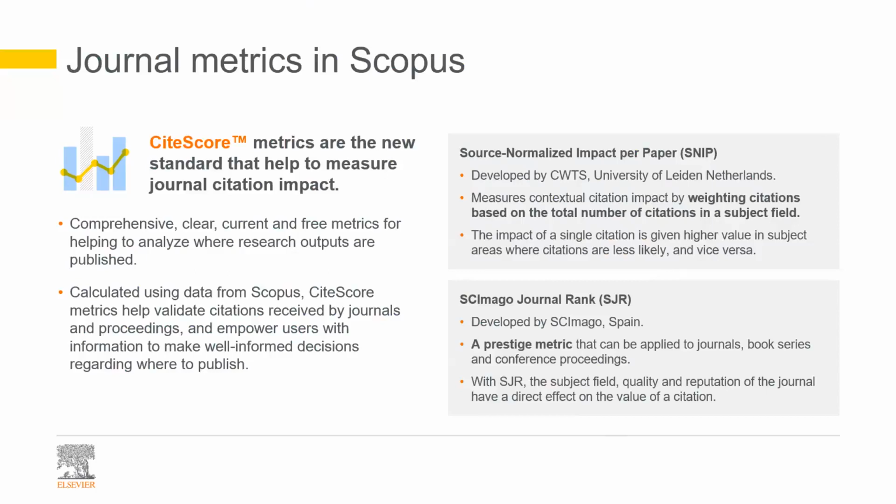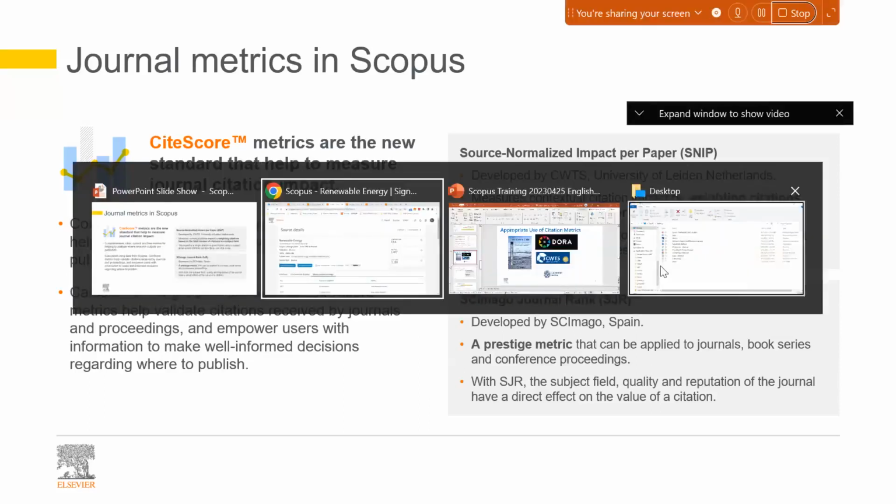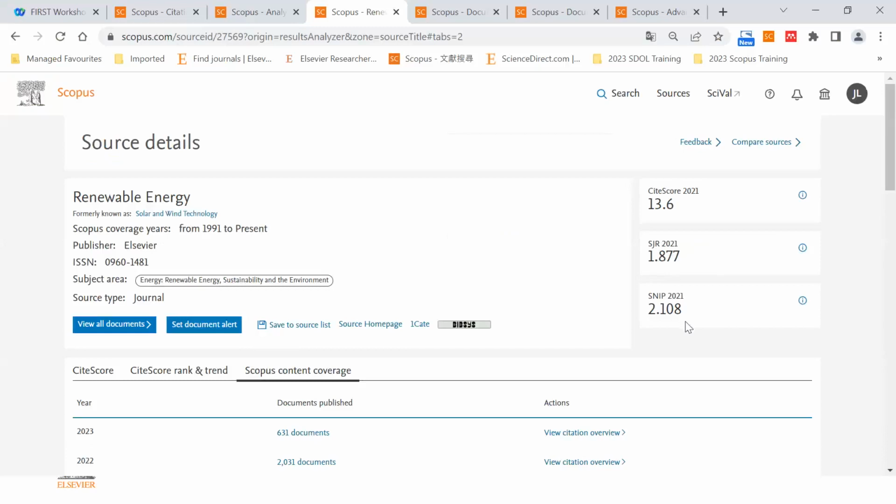So you can use SNIP to compare the research impact of the journals in different subject fields. For this journal, if there is another journal and its SNIP is also 2.108, it means that these two journals have the same research impact in their own fields.